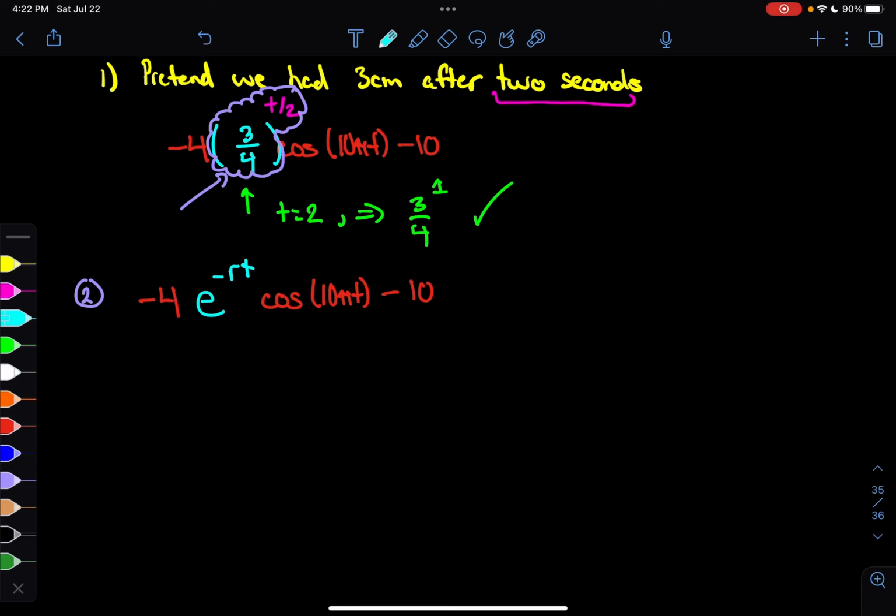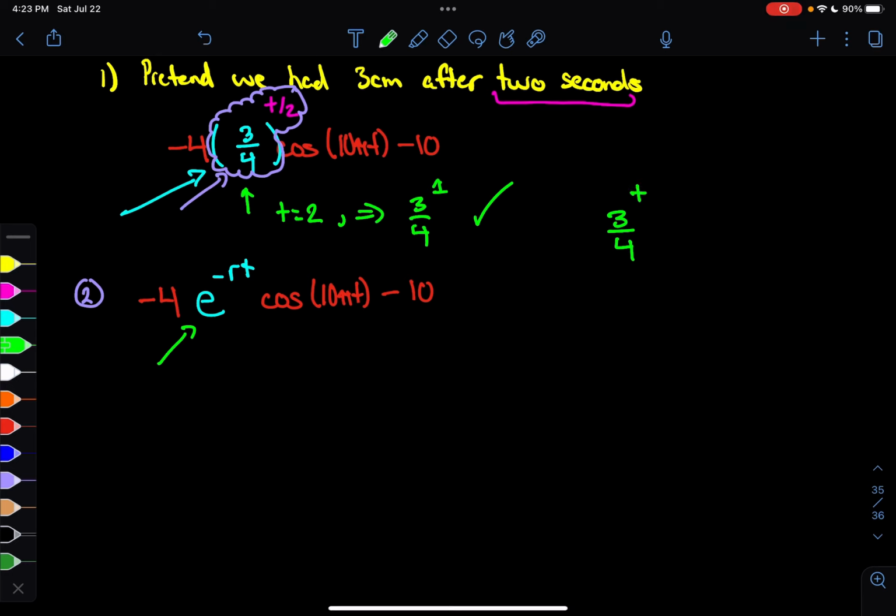There actually is a reason for this. It's called damped harmonic motion because it experiences exponential decay. e to the -rt shows up because when you take a course called differential equations, the short answer is that this is extremely common and extremely used, and this notation is much more common to see than 3/4 raised to the t power.